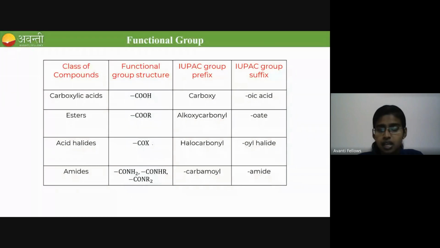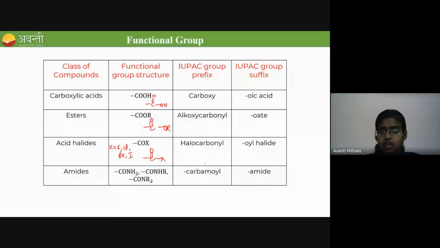For acyl halides, it is COX. All these are carbonyl compounds, carbonyl in the sense of compounds containing C double bond O. Acid halides have CO, X, and what is this X? X is the halogen. Halogens can be fluorine, chlorine, bromine, or iodine. The prefix is halocarbonyl and the suffix is oyl.